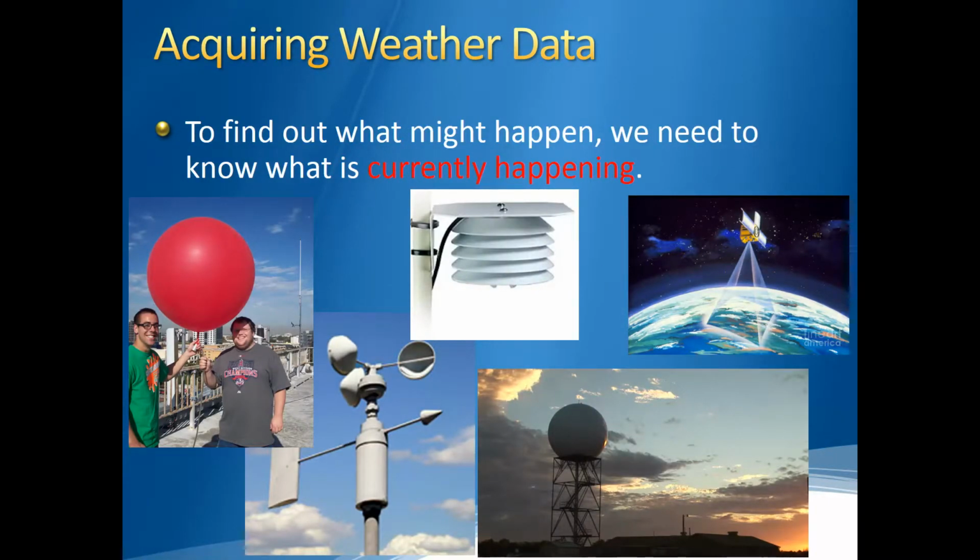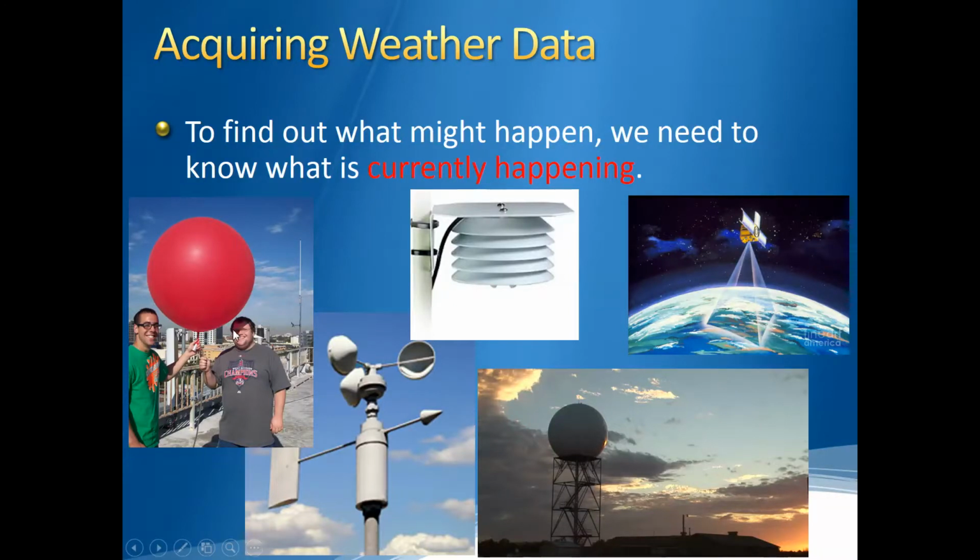So let's talk about this. First and foremost, in order for us to make a weather forecast, we need to accurately acquire weather data. And thankfully, this isn't much of a problem for us. Right now, as you are listening to this video, there are weather stations scattered all across the world collecting all the weather data that we need to know: temperature, dew point, wind speed, wind direction, precipitation.